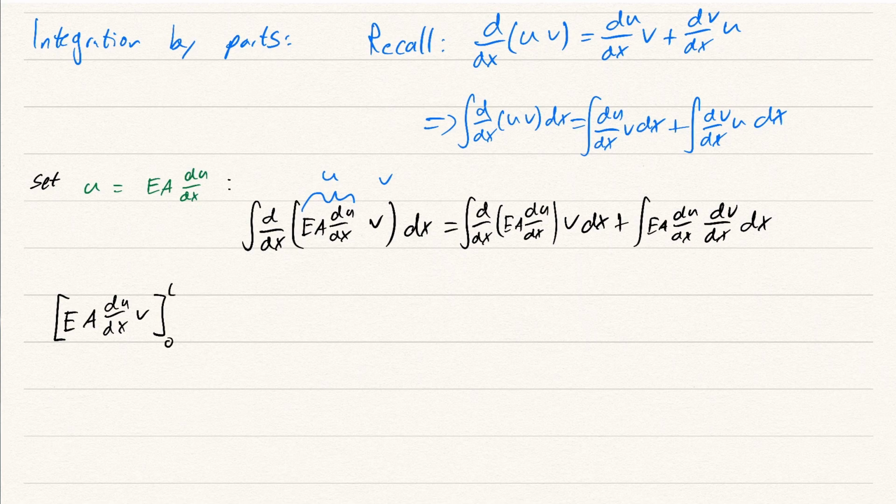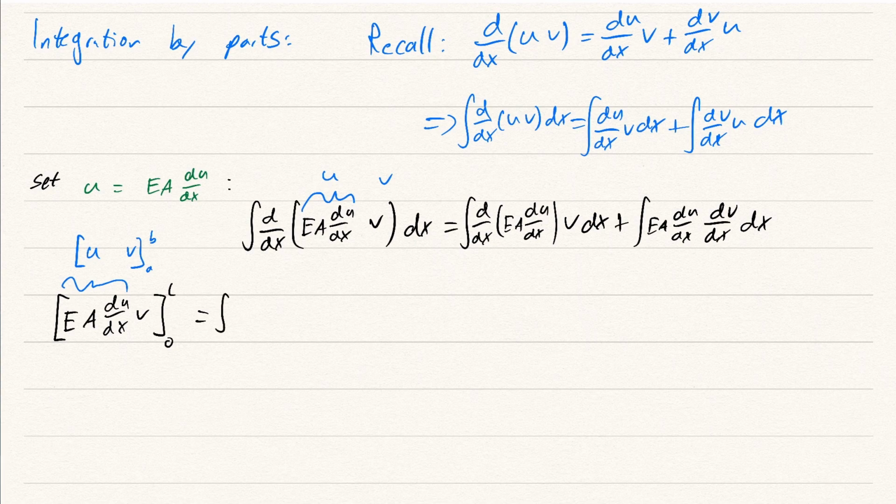This stuff here is our u and this is v. Let's keep it more general and a little bit cleaner. So this is u and we have v, and we're going from a to b here. In general, this is what we're doing. Okay, this is equal to, and then over here we still have the same stuff.